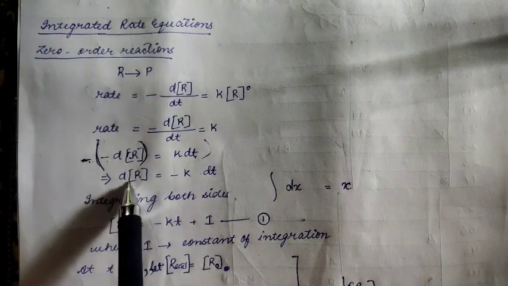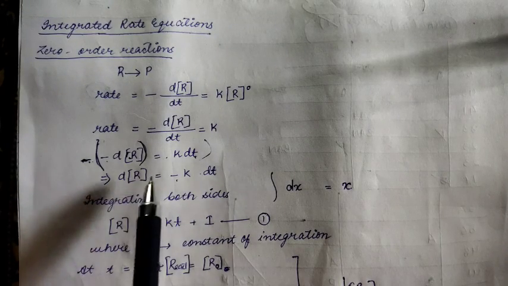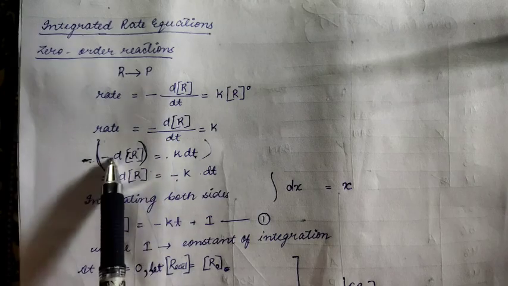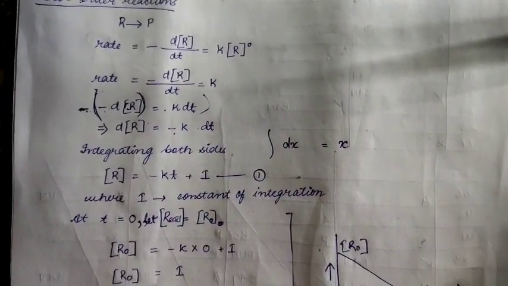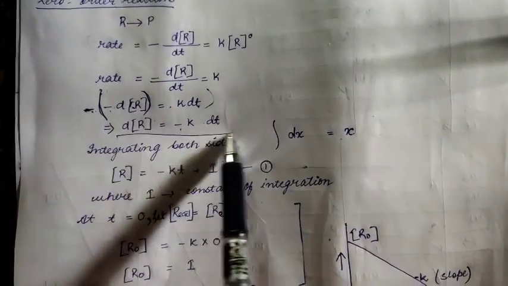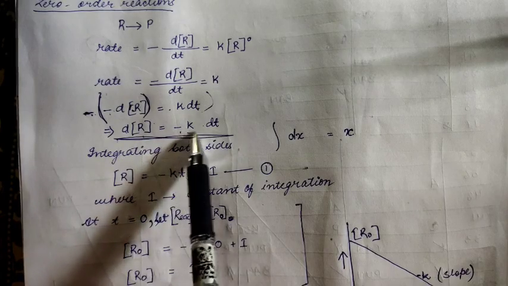Here it will become plus, and here you are left with minus. In short we say that minus is taken to the right hand side, but actually we cannot take it like that. Now we have obtained this: d[R] equals minus K dt.